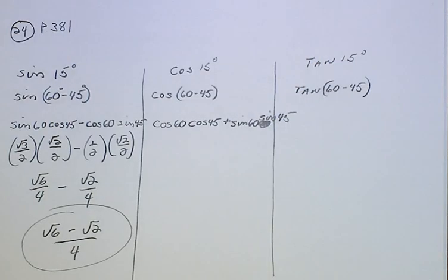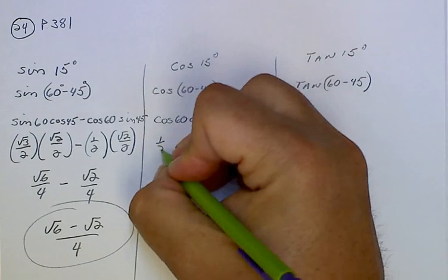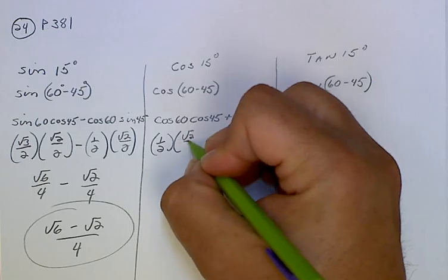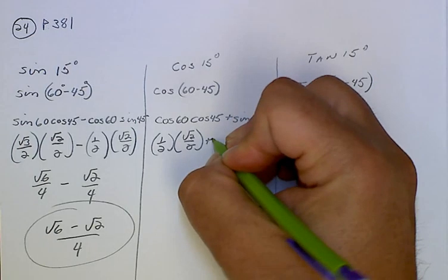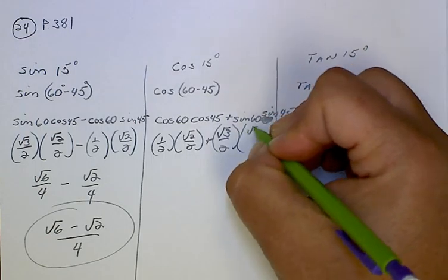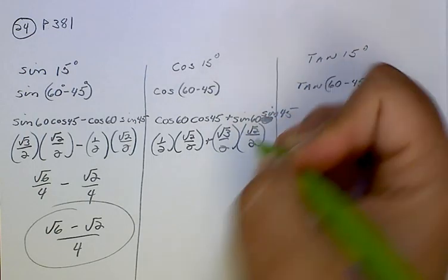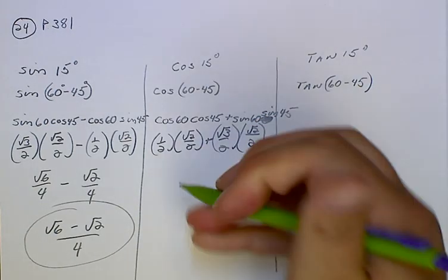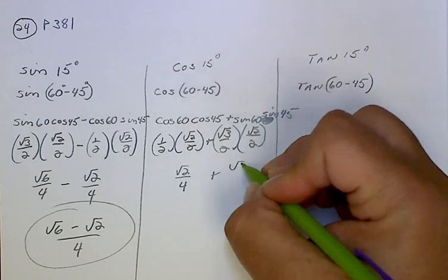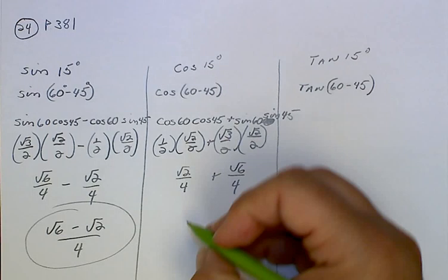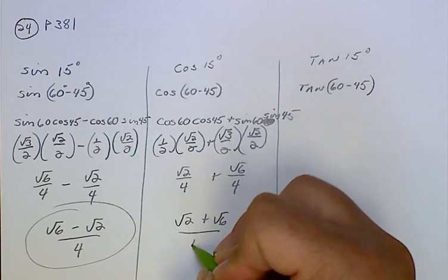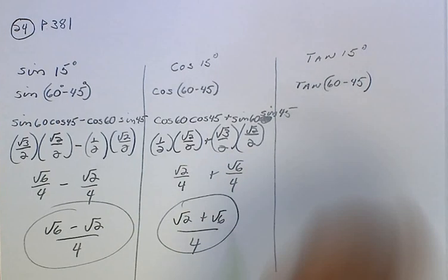As we work this out, this is 1/2 times square root of 2 over 2 plus square root of 3 over 2 times the square root of 2 over 2. This becomes, simplifying out, the square root of 2 over 4 plus the square root of 6 over 4. So we get the square root of 2 plus the square root of 6 all over 4. This is the exact answer.